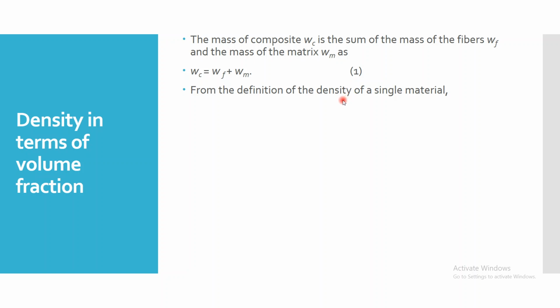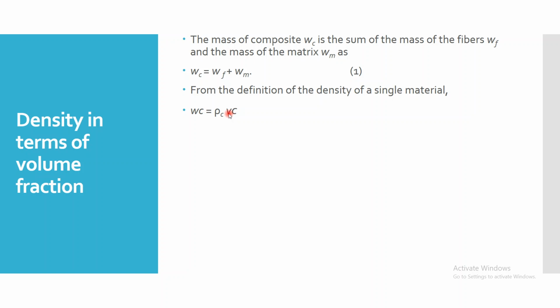In this case, mass is represented by small w, so please be aware of that. Density is mass by volume, or else mass is equal to density into volume. So the mass of the composite is equal to the density of the composite multiplied by the volume of the composite.